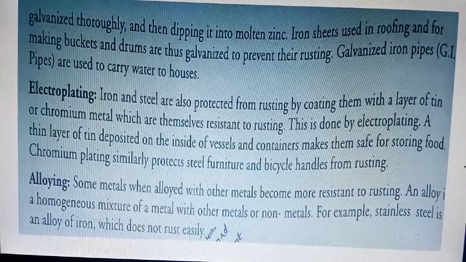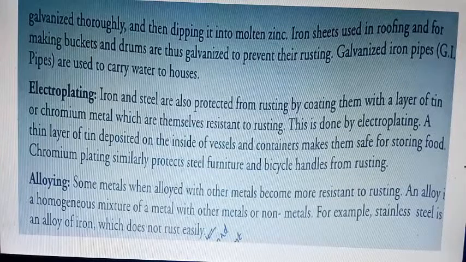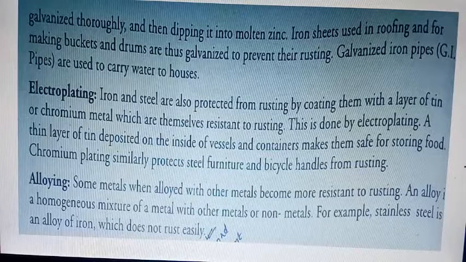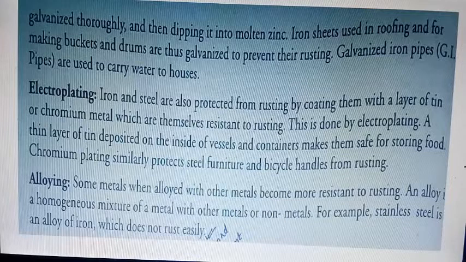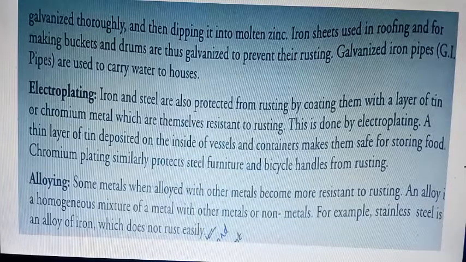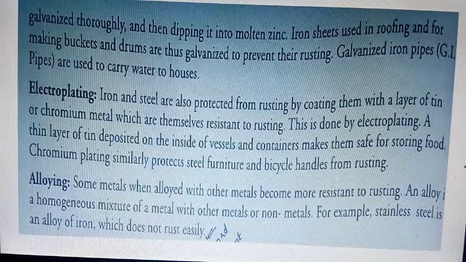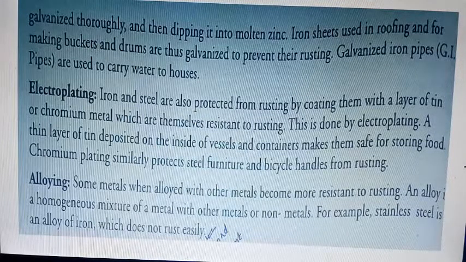rusting can be prevented. So what are the different processes of preventing rusting? Number 1 is paint, number 2 grease or oil, number 3 galvanizing, number 4 electroplating, number 5 alloying. The easiest way that we can adopt in our home for prevention of rusting is painting or grease or oil.